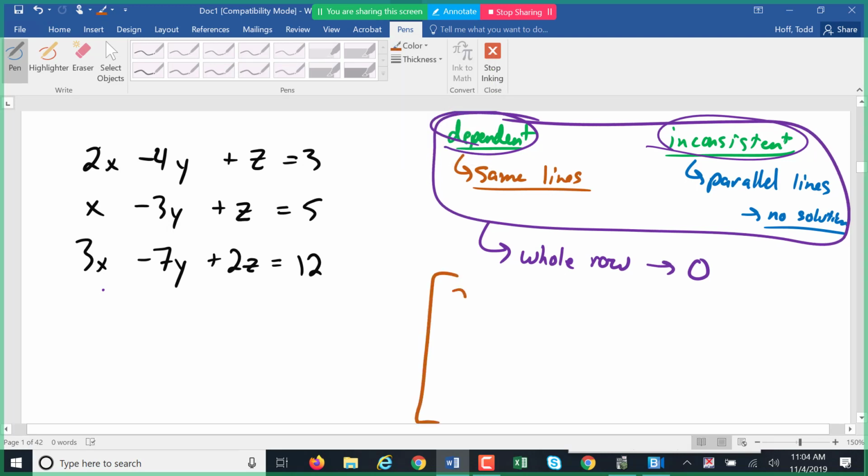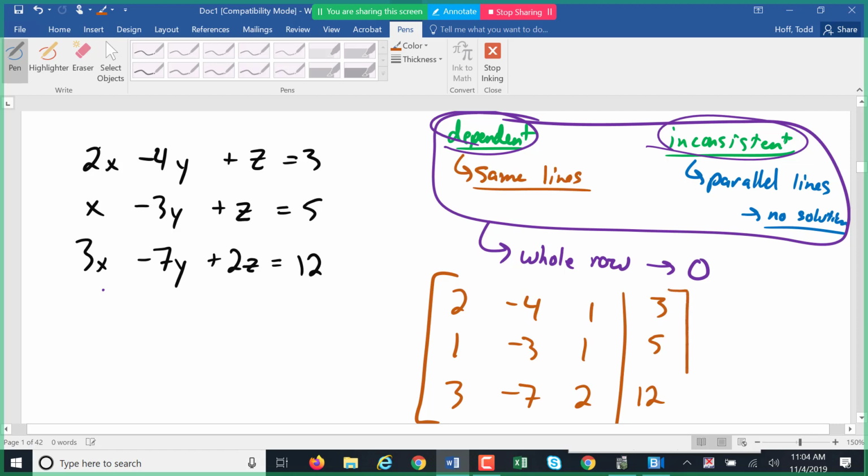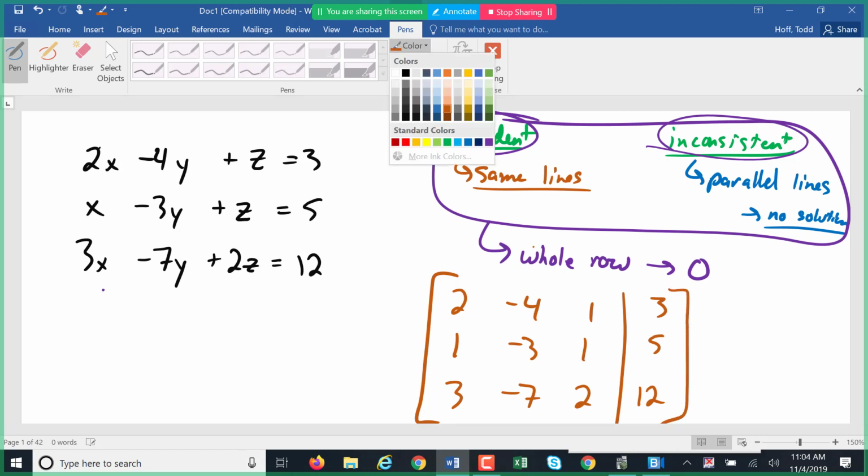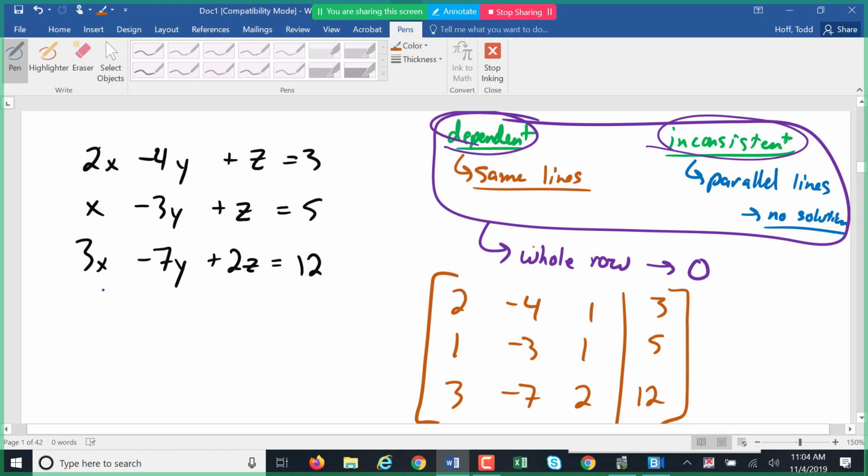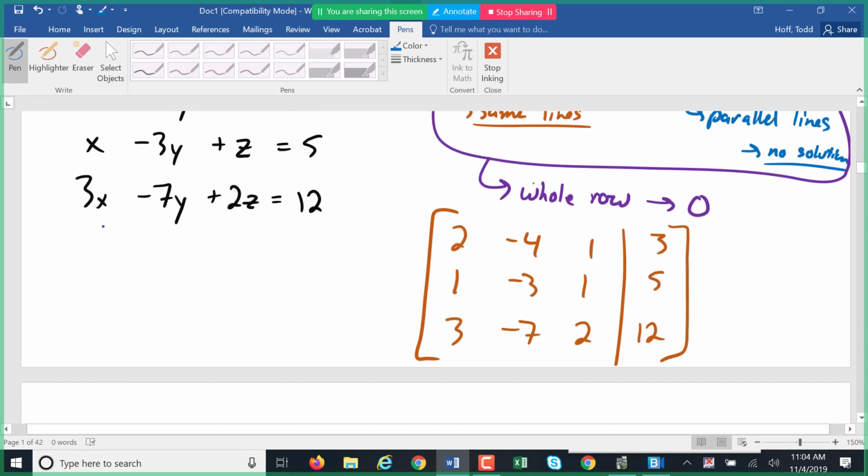So we've got 2, -4, 1, and 3, 1, -3, 1, and 5, 3, -7, 2, and 12. And let's go ahead and start trying to do our elimination.